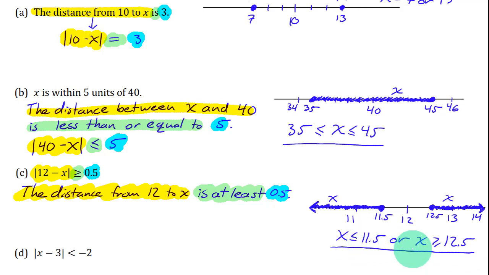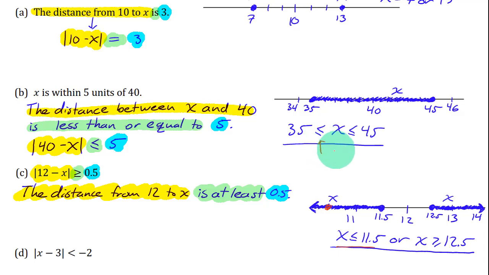And there's a difference between saying or here and. So when I say or, the reason there's an or is that one of these things could be true, but they don't have to be true to make the whole thing true. Meaning, for example, if x is, I don't know, 10, something down here. If x is 10, then this part is true. 10 is less than or equal to 11.5, but this part is not true. 10 is not greater or equal to 12.5, but that's okay. You don't have to make both of them true.